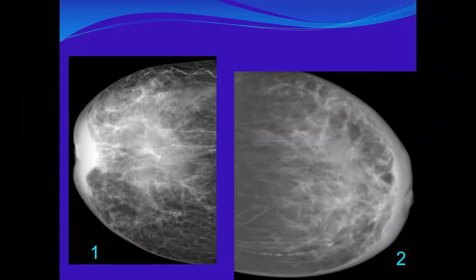No underlying mass seen, and there is vascular calcification. Most patients have calcifications. This is benign vascular calcification of the left breast. The right one also has vascular calcifications.